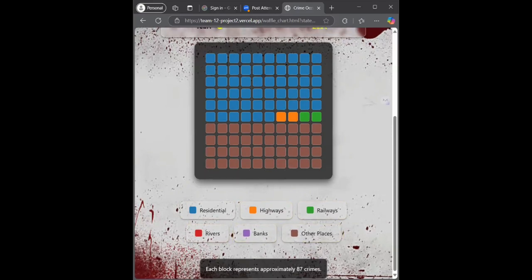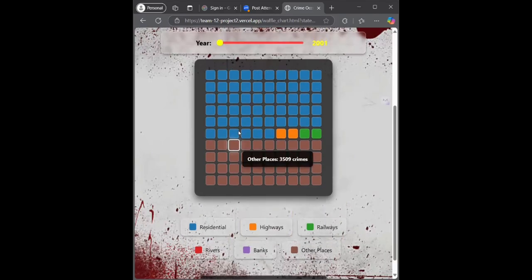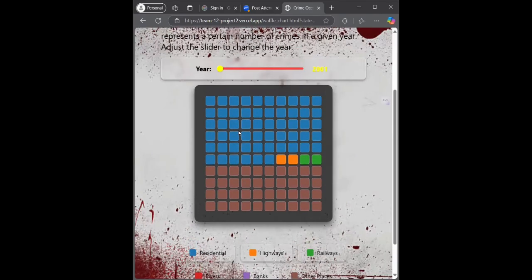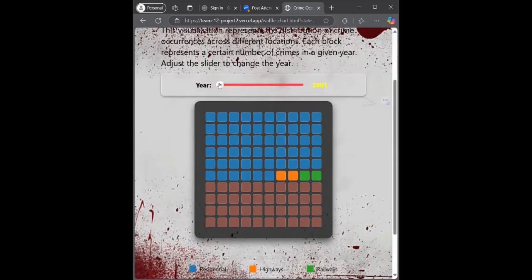With the help of historical data, we can observe how crime patterns have evolved over the years. The interactive slider allows us to track crime trends across time, helping law enforcement and policymakers make informed decisions. The slider works like this.